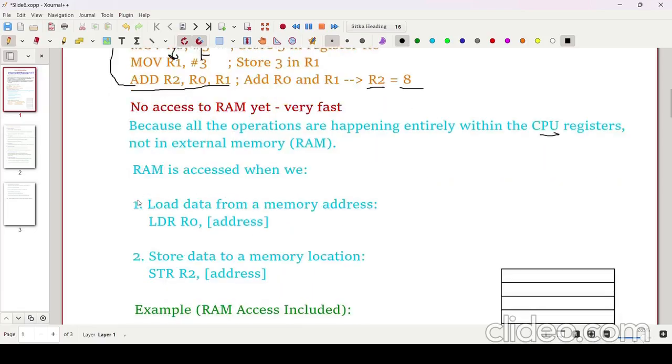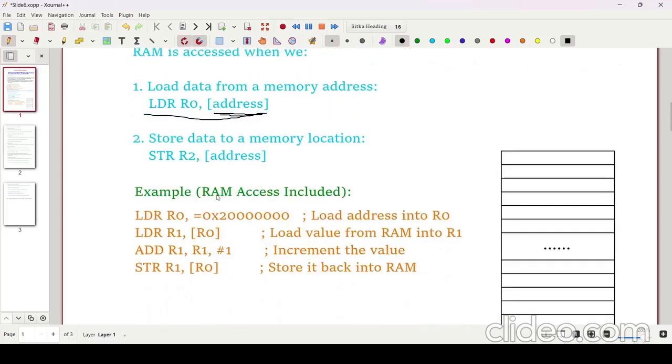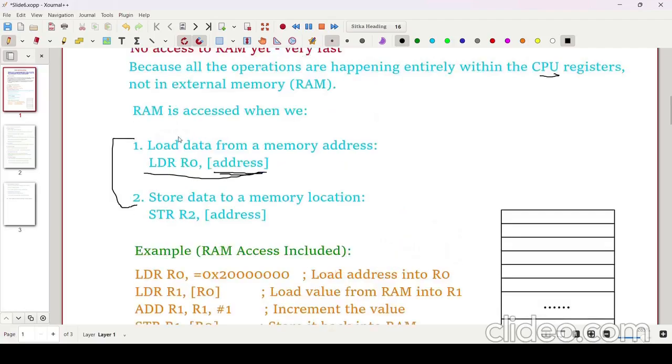So there are two cases where RAM is accessed. Like in this example, loading data from a memory address: from this address, we are loading the data into the R0 register. And in this example, we are storing data to a memory location. In these two cases, the RAM is accessed because the operations are going outside of the CPU.